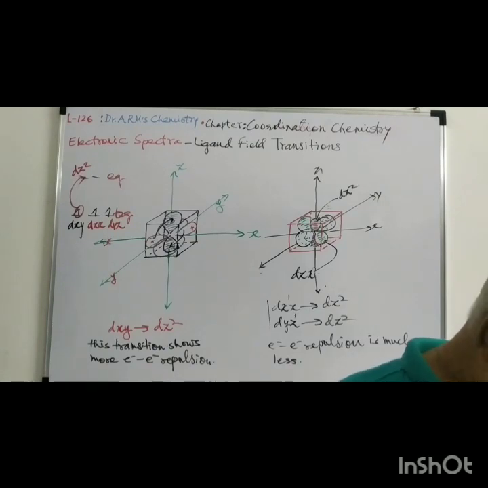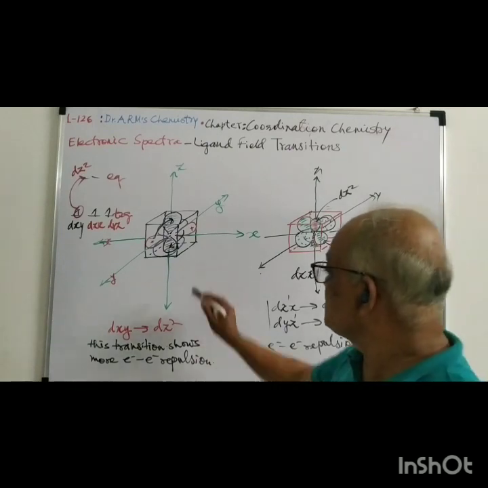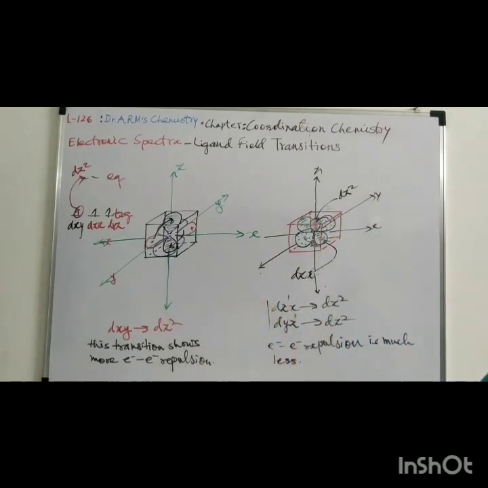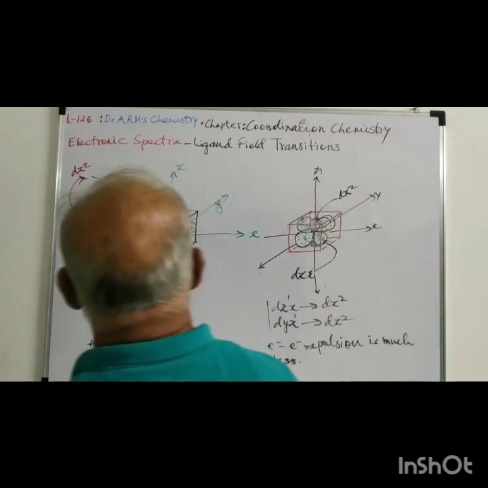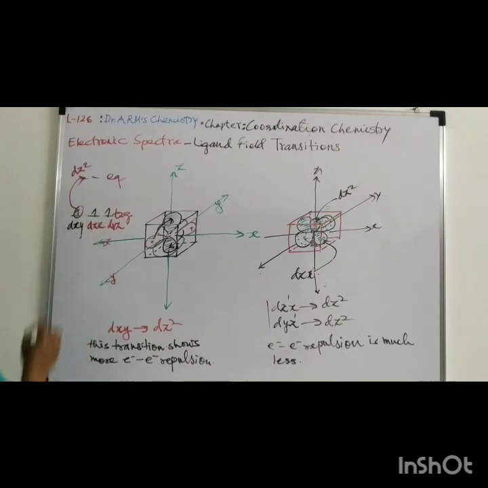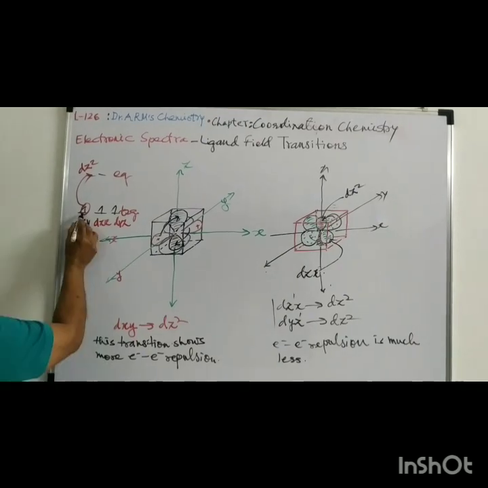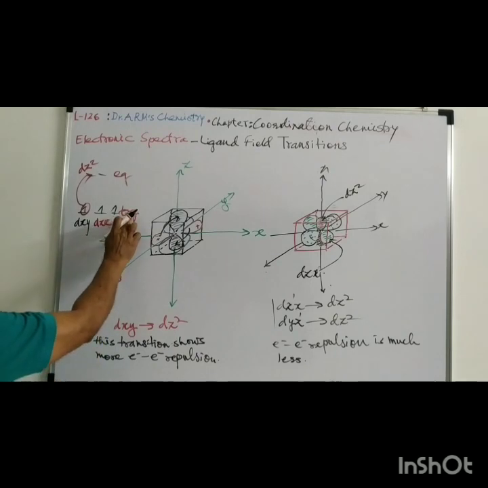Now, the spectroscopic terms are showing that, as we have explained, these two transitions are spin allowed transitions, and therefore here the spin state or the symmetry nature of each electron is characterized by T2g.